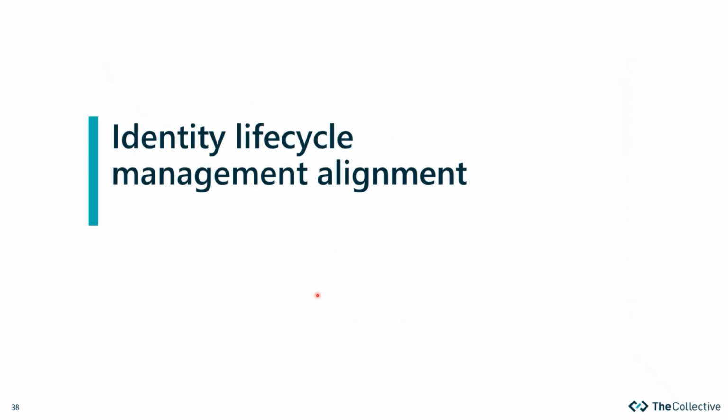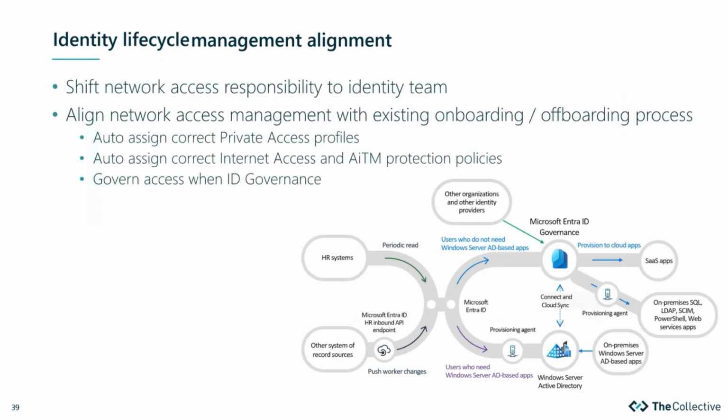It also integrates with identity lifecycle management in Entra ID. So if a user is onboarded from an HR system and you have an automatic onboarding process, we can perfectly align Global Secure Access with that onboarding process, making sure that when a user gets access to their organization, they directly get the correct VPN profiles or private access profiles or internet access profiles.